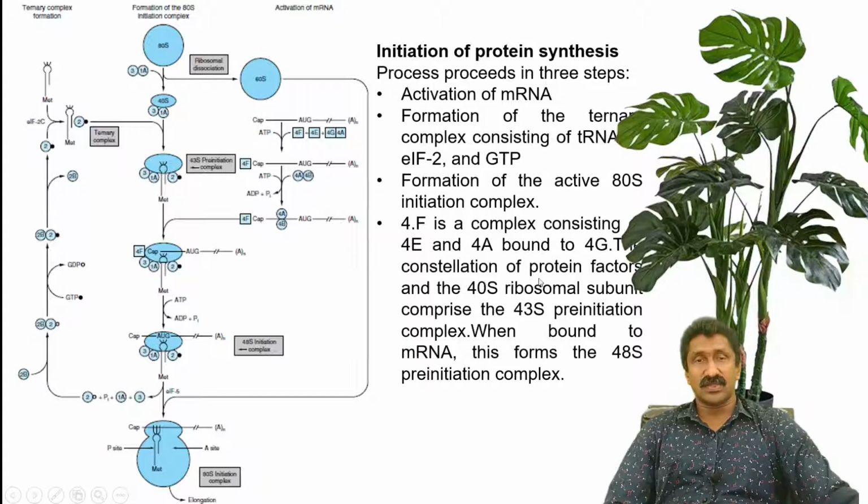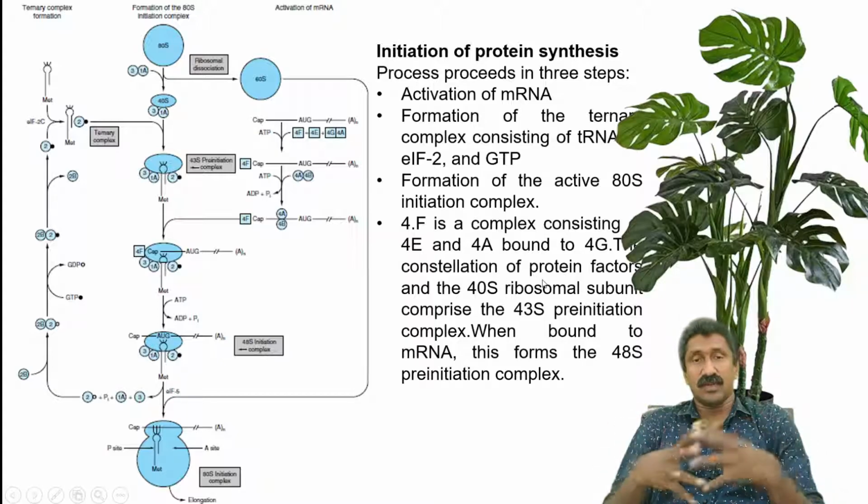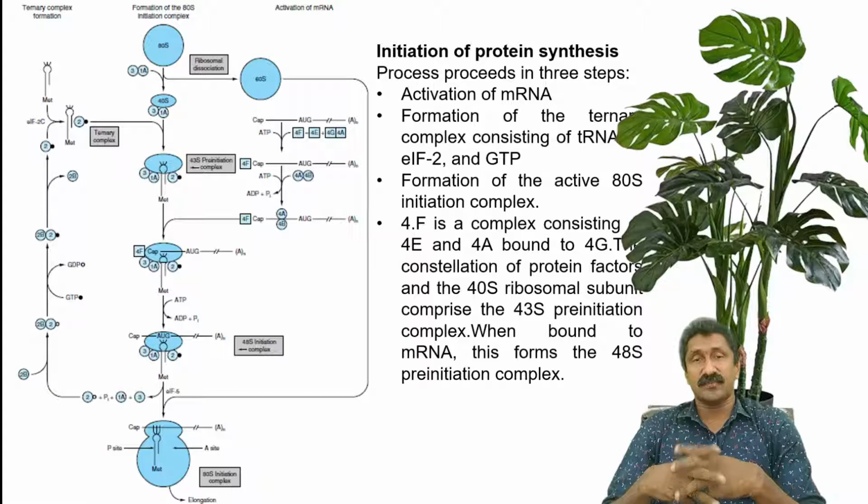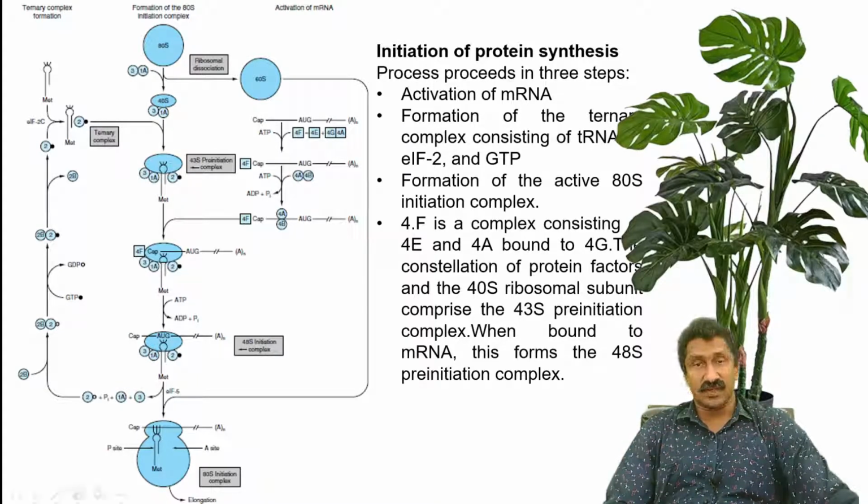Now, the constellation of these protein factors, or a lot of protein factors, and the 40S ribosomal subunit comprise the 43S pre-initiation complex. So these factors, the mRNA and the 40S ribosomal subunit constitute a 43S pre-initiation complex.